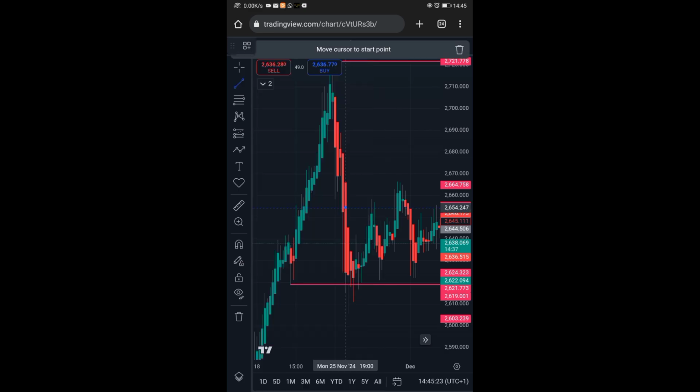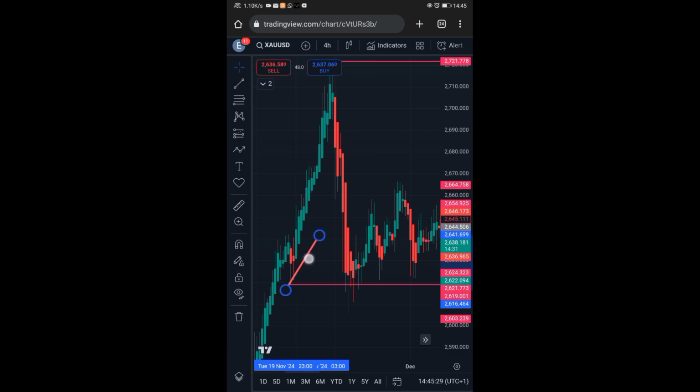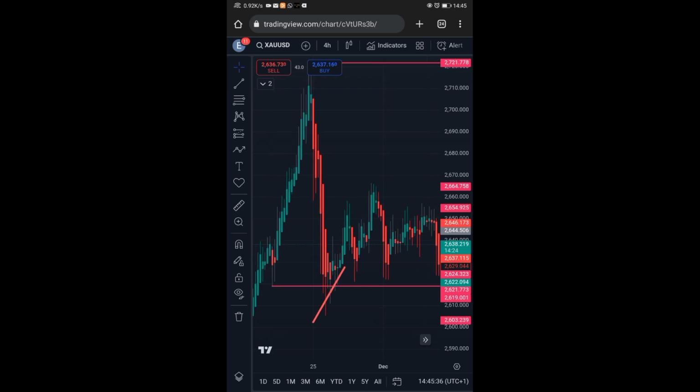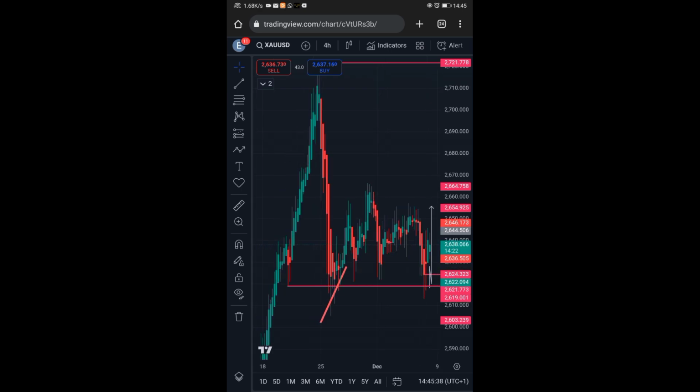If no candle closes below this low, once the market comes into this low, if it doesn't close below this low, this means that I'm still going to buy this market.